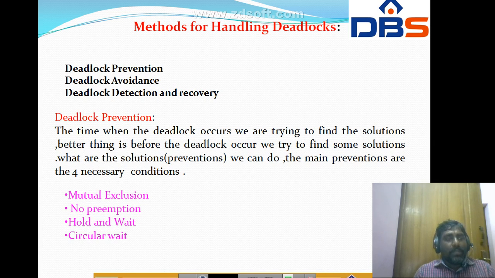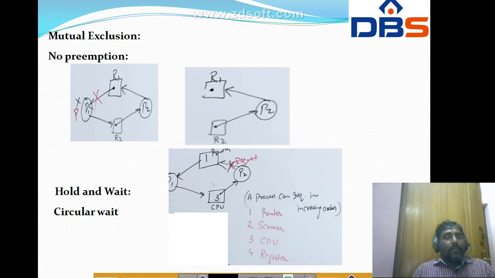See, no preemption. If a process is running and another process is running, we will try to preempt one of the processes. When the process is preempted, whatever resources it is holding, it will give to another process.